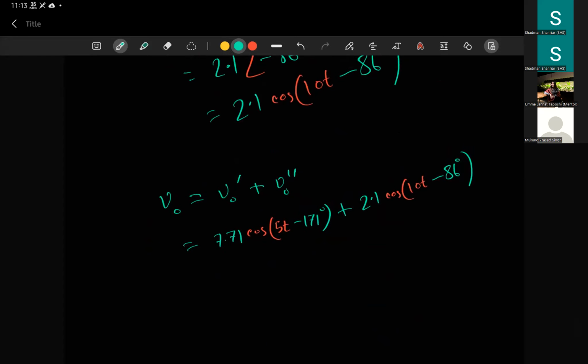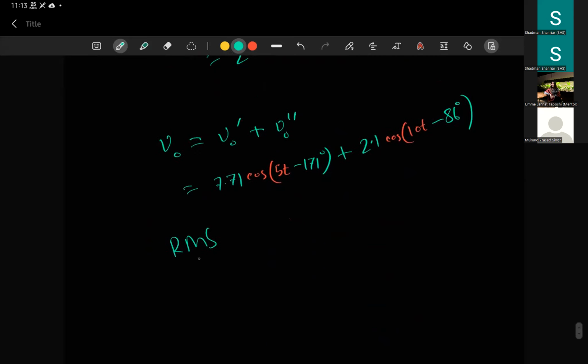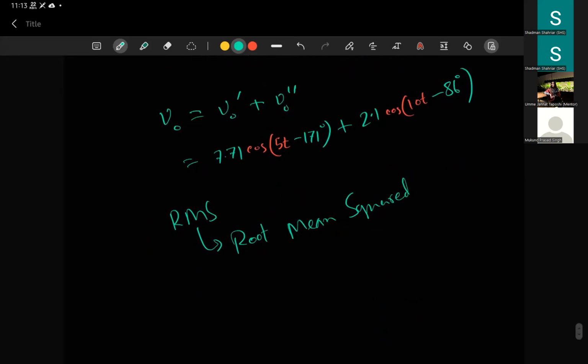If you have this kind of thing, do you remember what RMS stands for? Root, mean, squared. So if you only had this one, 7.71 by root 2 would be your RMS. If you only had this one, 2.1 divided by root 2 would be your RMS.